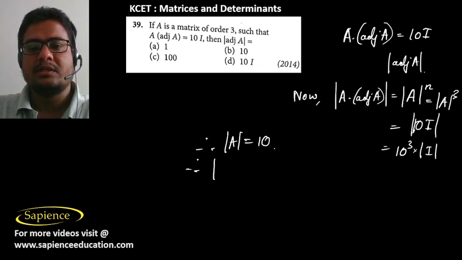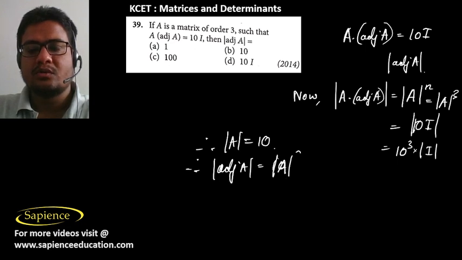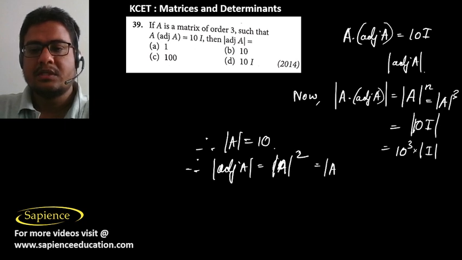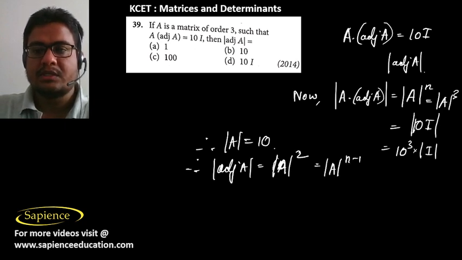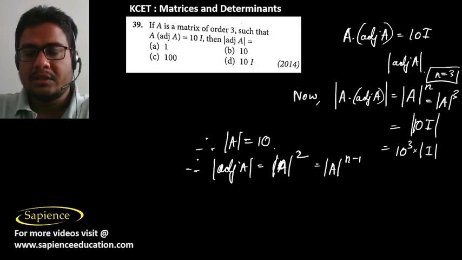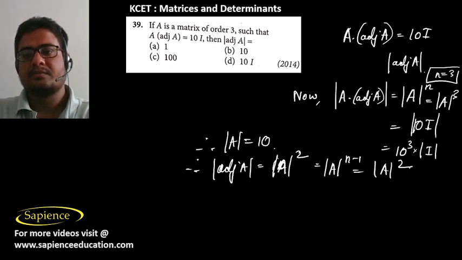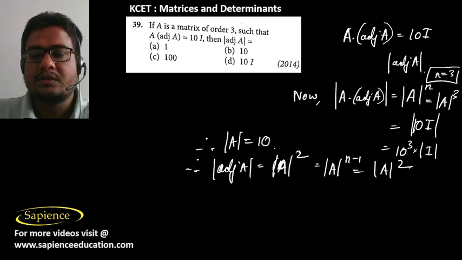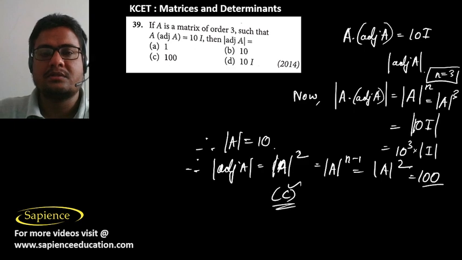Therefore the determinant of adjoint of A is equal to the determinant of A whole power n minus 1, and n is equal to 3 here since it is a matrix of order 3. So that is the determinant of A whole square. Determinant of A is 10, so this is 10 square, which is 100. Option C is the correct answer.